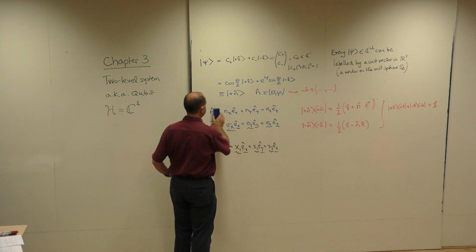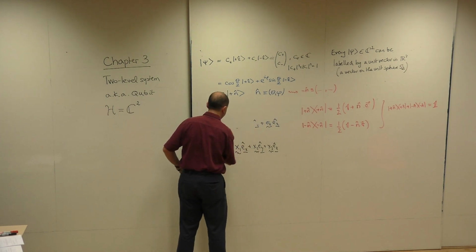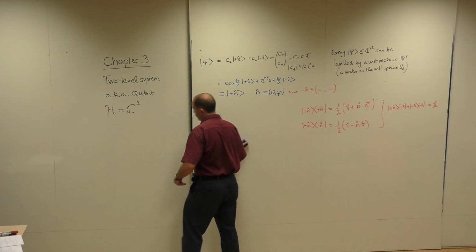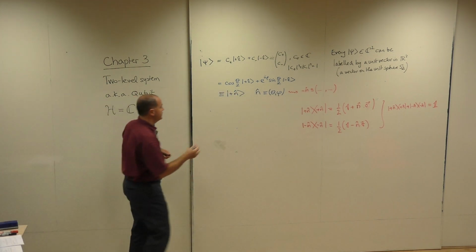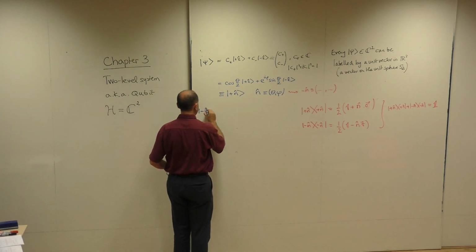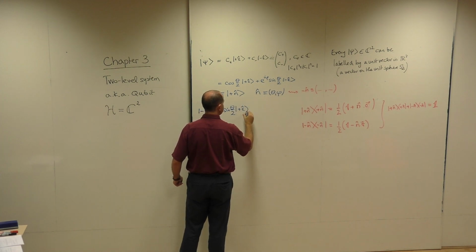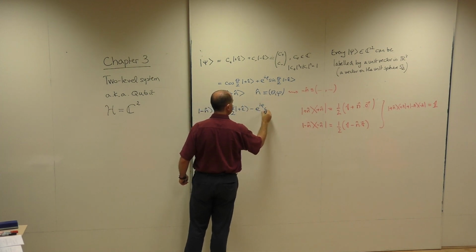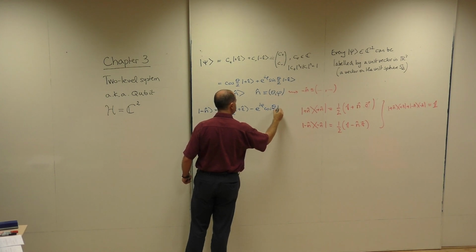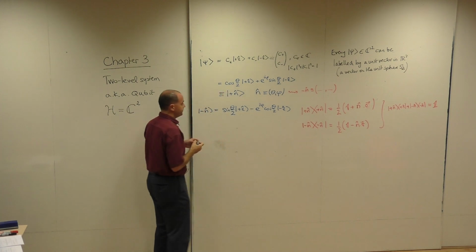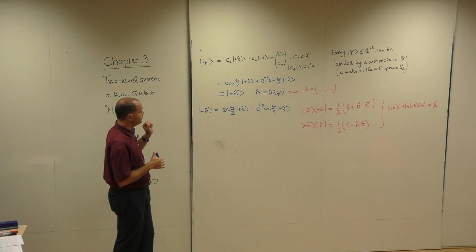Maybe let me write it down as a vector. The orthogonal to that one, |-n>, looks like sin(theta/2)|+z> minus e^(i phi) cos(theta/2)|-z>. Okay, this is the orthogonal.